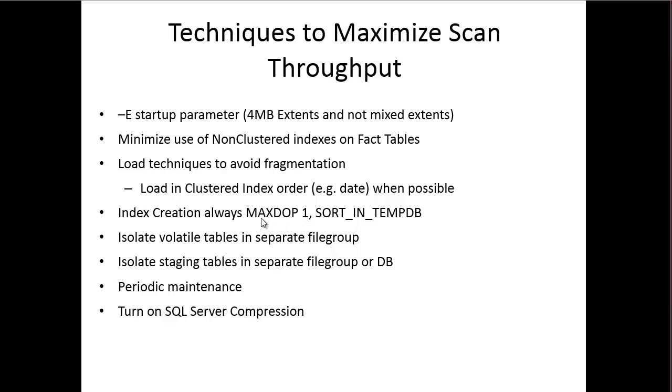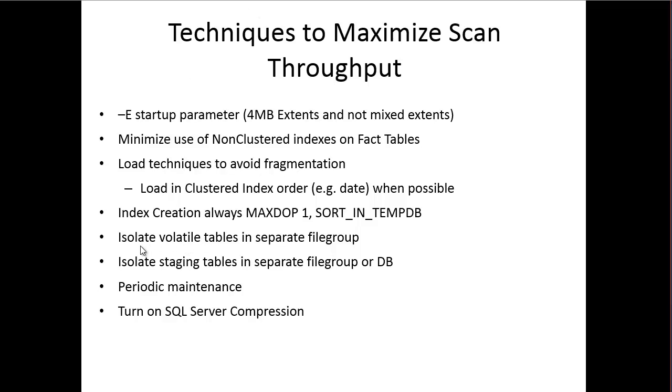So if you can make it within your maintenance window, just set your rebuild process to max degrees of parallelism equal to 1 and sort in tempDB. That way you get the most pristine index as a result of that rebuild, meaning a significantly lower risk of fragmentation.